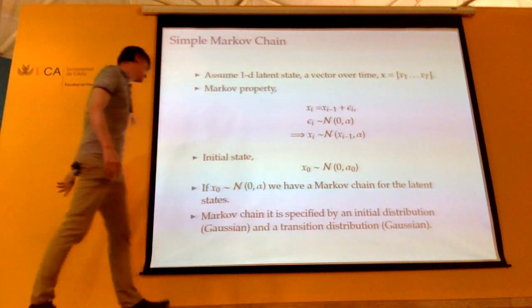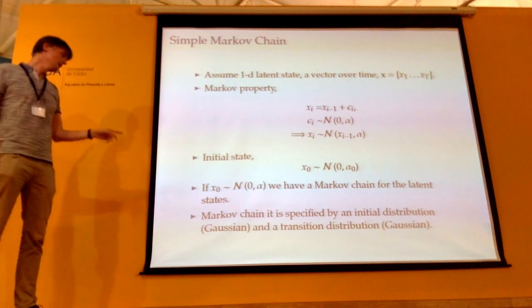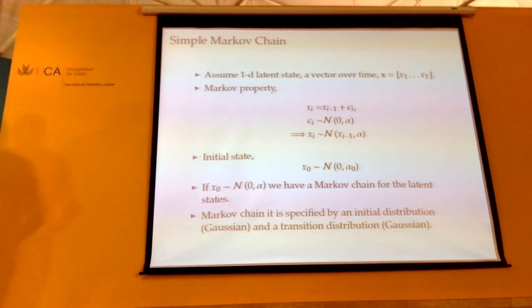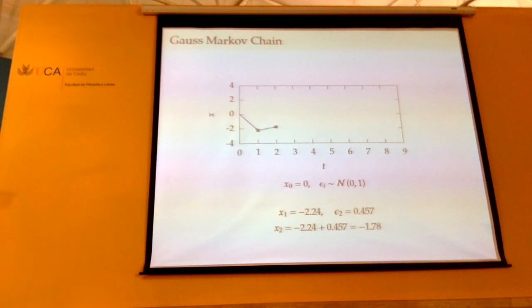And the change is Gaussian in this case. So in the Markov chain we're interested in, to make it a Gauss-Markov chain, we have a Gaussian initial condition and a Gaussian transition. So something like this goes on. This could be like you're trying to track the spacecraft going to the moon. You don't actually use this directly. You're trying to infer what your coordinates are, and you're assuming that your coordinates are changing at each point in some sort of Gaussian random way.